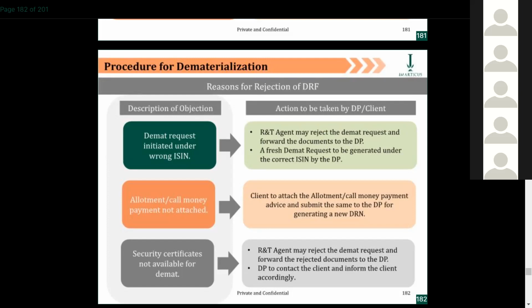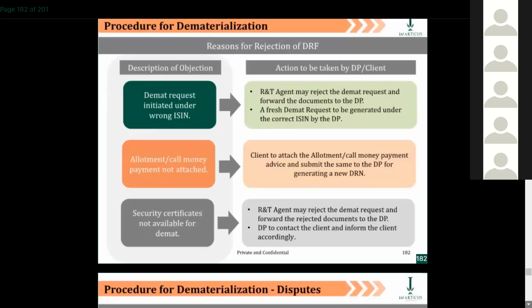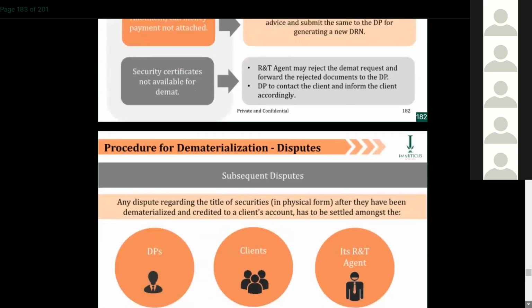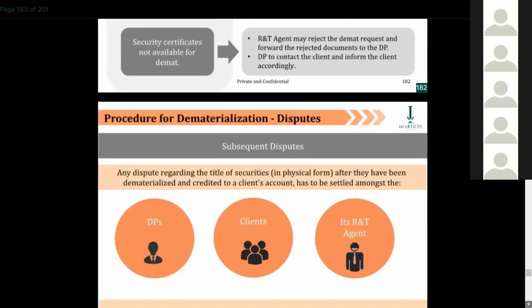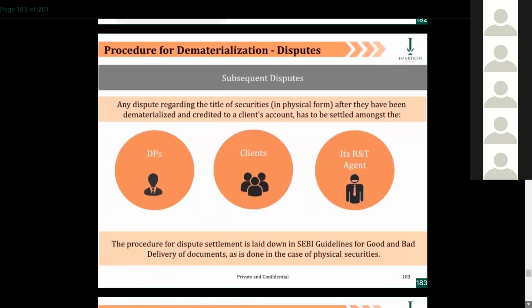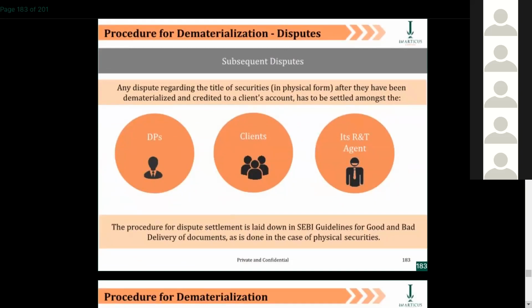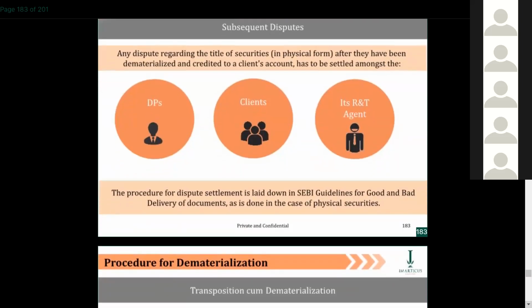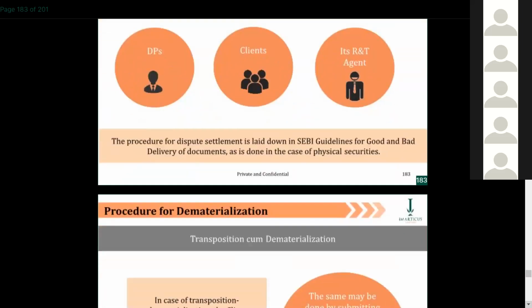DP will contact the client and inform the client accordingly. So any dispute has to be sorted out by the SEBI guidelines for good and bad deliveries of documents as done in case of physical securities.